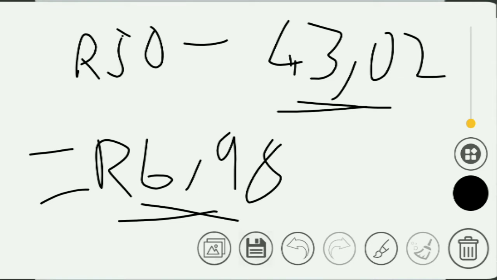This is the answer for 1.2.3, which is equivalent to 7 rand.